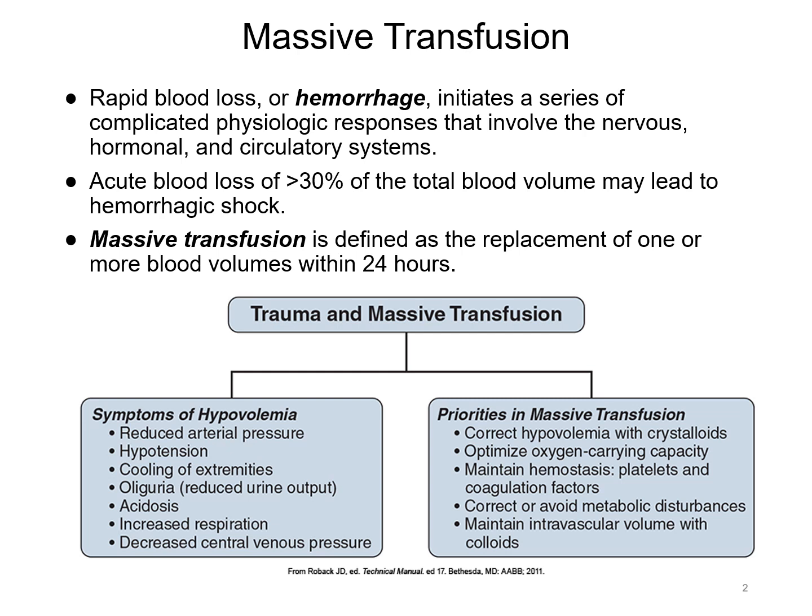So once you reach a certain point in the massive transfusion protocols, most places do a ratio of 1 to 1 to 1, where for every red cell unit you're giving a unit of fresh frozen plasma and a unit of the random donor platelets.